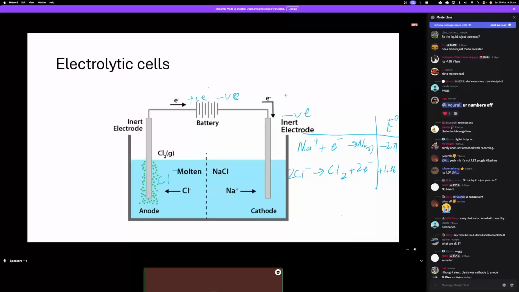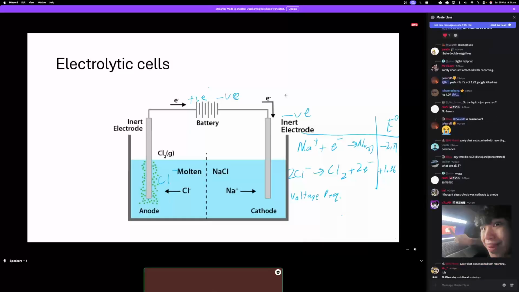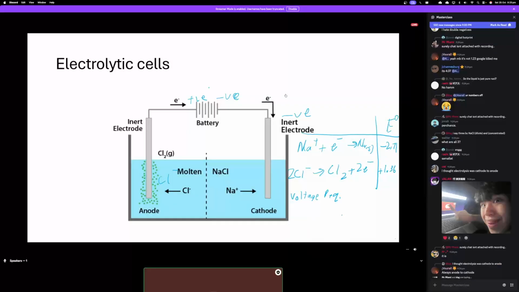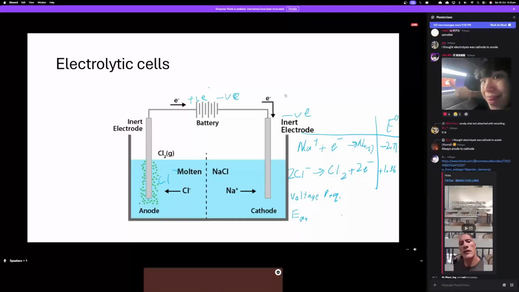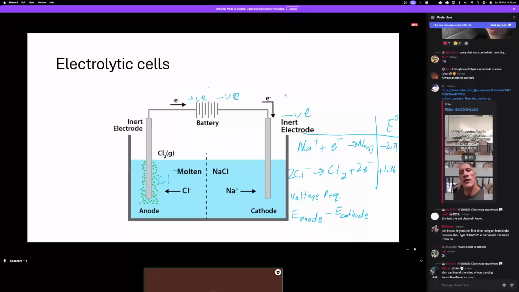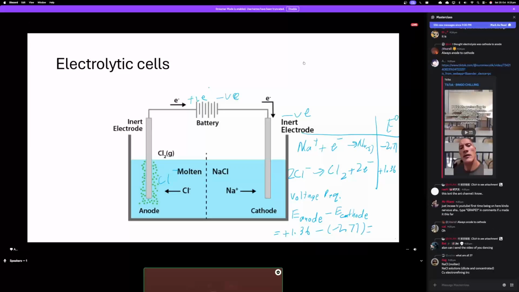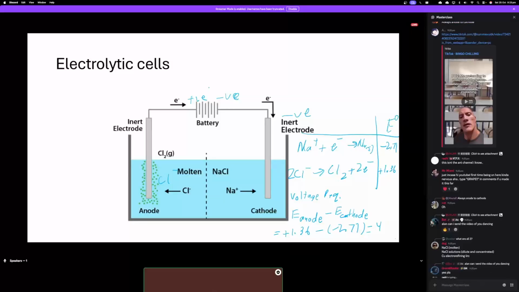And then to find the E cell, or it's not even E cell, it's the required voltage. The voltage required is the E of the anode minus the E of the cathode, which equals positive 1.36 minus negative 2.71, which is, let me try and do that in my head, 4.07 volts.